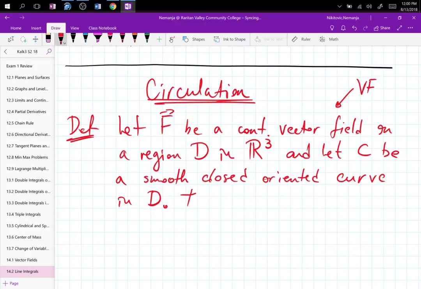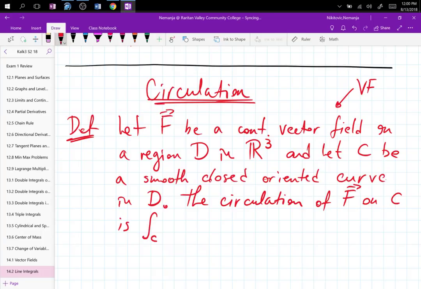So the circulation of F on C is the line integral of F dot T ds. Guys, this T ds is actually your R prime dt, but we'll write that later.